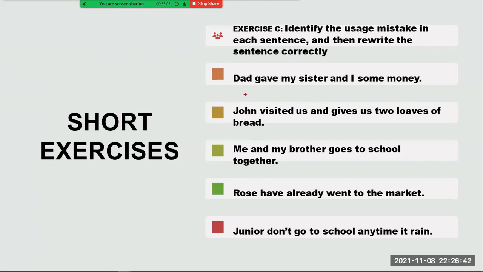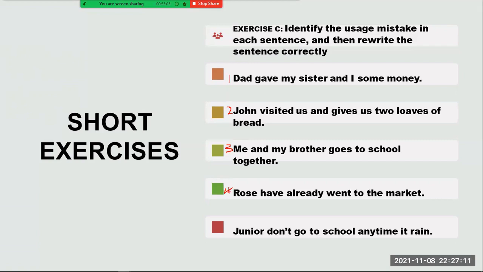Now, you need to understand that there are some usage mistakes. Number two: John visited us and gives us 2 loaves of bread. Number three: Me and my brother goes to school together. Identify the usage mistake.